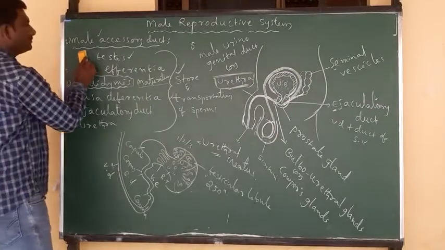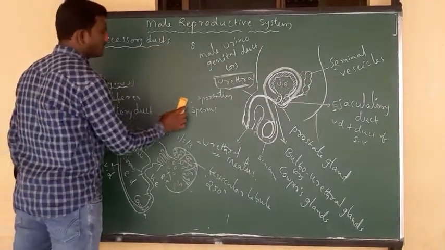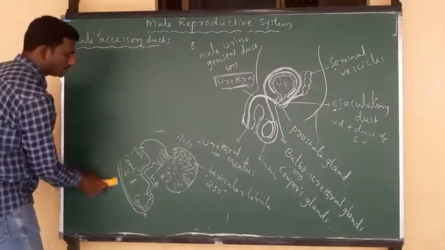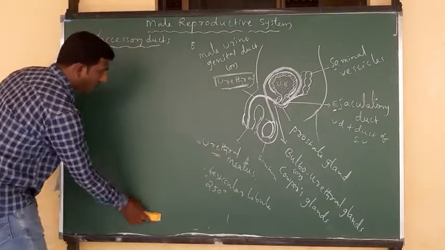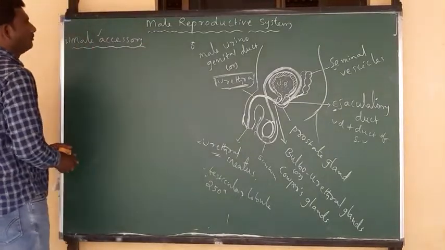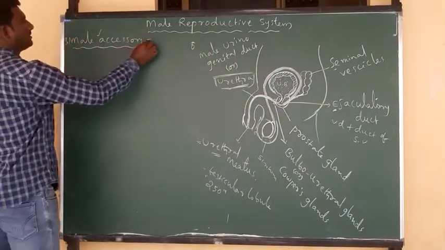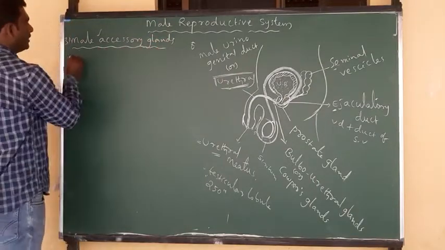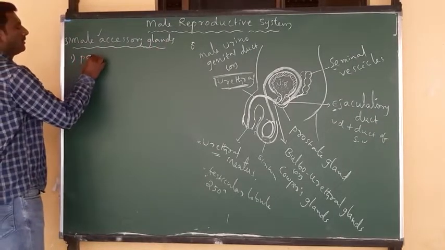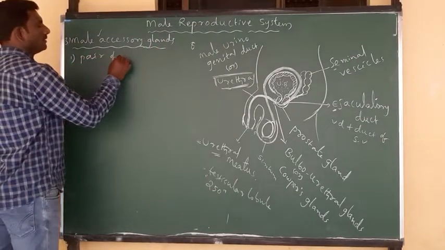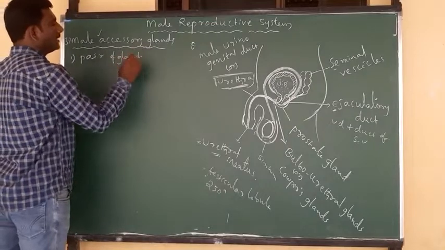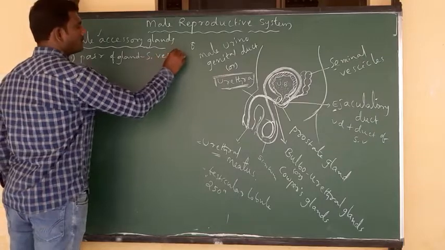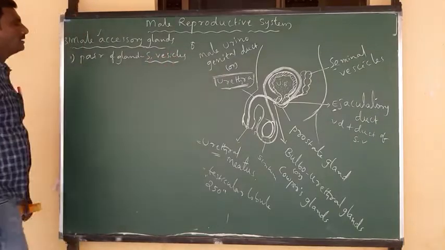Next, testis is over, male accessory ducts is over, and the next one in the male reproductive system is the male accessory glands. So already we know a pair of glands located behind the urinary bladder called seminal vesicles.